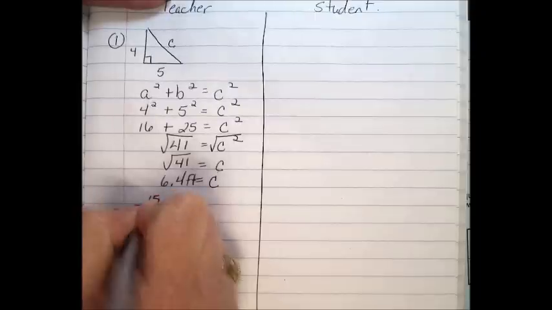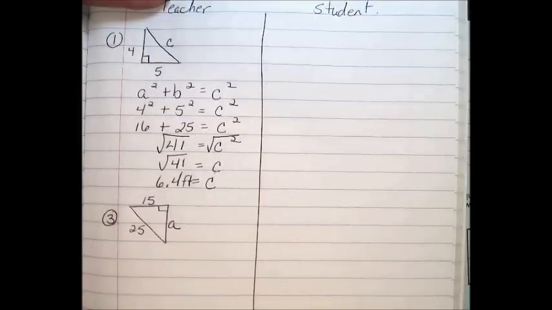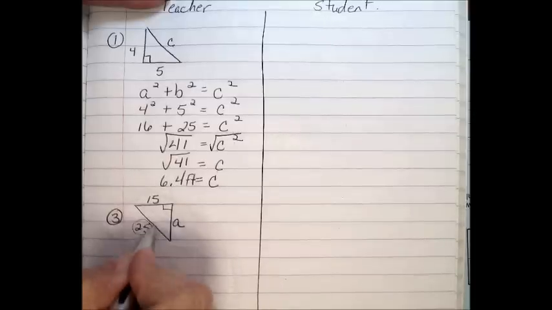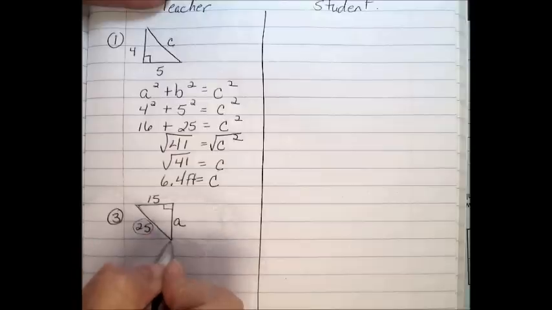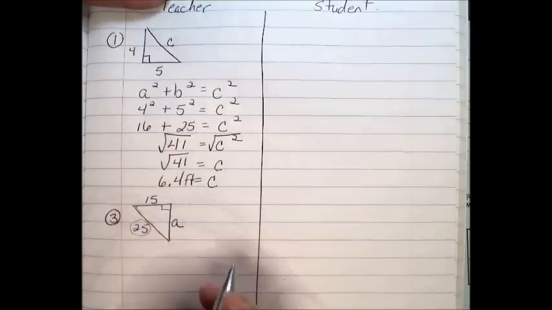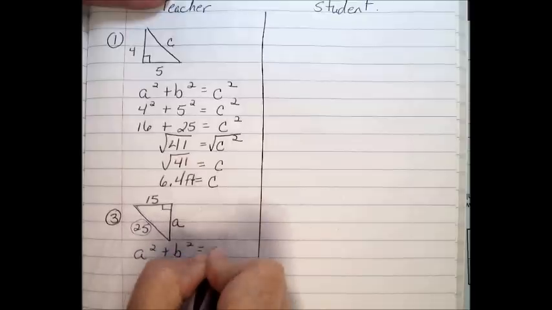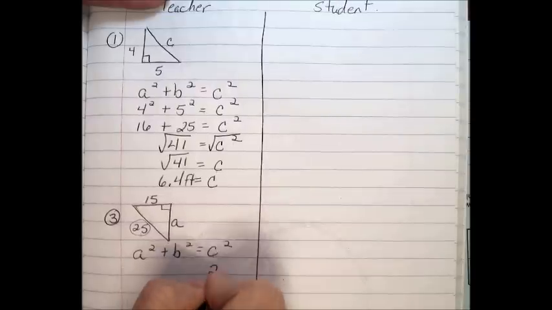Now notice, this one's a little different because they gave me the C. This is the longest side. This is the hypotenuse, the side opposite the right angle. So when I fill in this formula, 25 has to go where the C is. I don't know what A squared is, but I do know that B is 15.